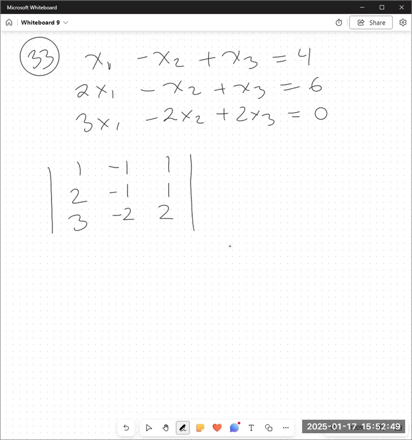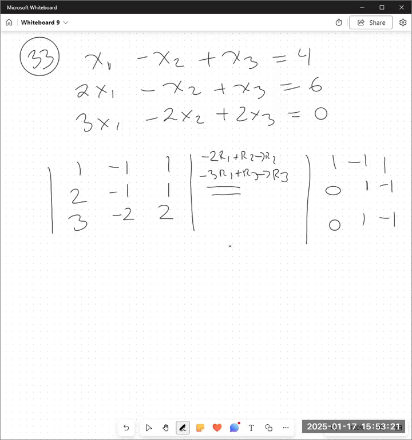Through some row operations there, I can say that this is negative 2 row 1 plus row 2 to produce a new row 2, and negative 3 row 1 plus row 3 to produce a new row 3. It's going to give me 1, negative 1, 1, 0, 1, negative 1, and 0, 1, negative 1.